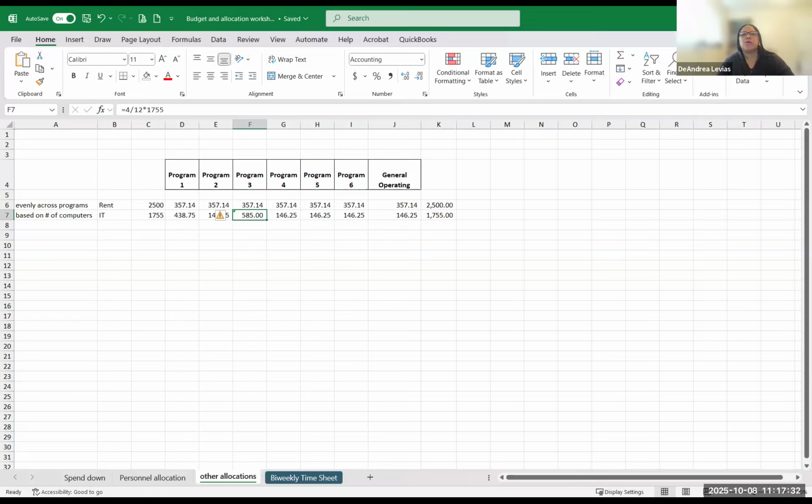One thing to note, something that I was asked to share, is you can't just take your budgeted amount and divide it by 12 and bill it. It has to be the actual cost.